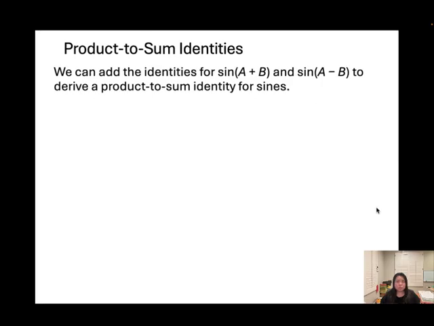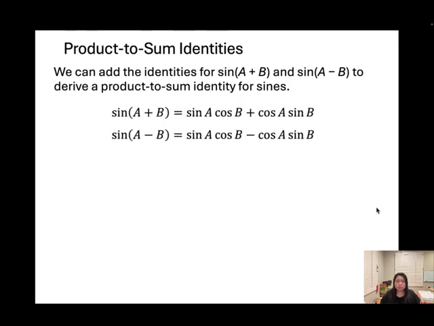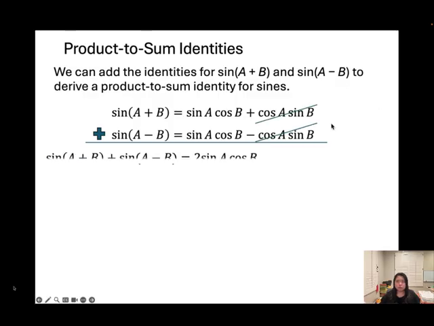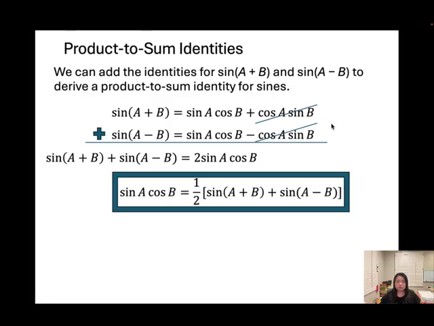Okay, another one, we will add the identities for sine A plus B and sine A minus B together. Okay, we're going to add it up. So these two will be cancelled out. And then we're going to divide both sides by 2.